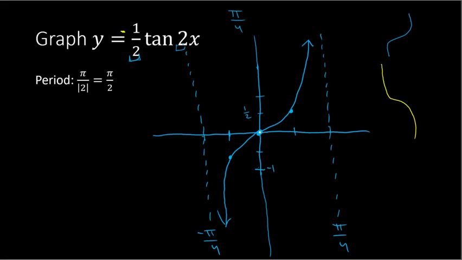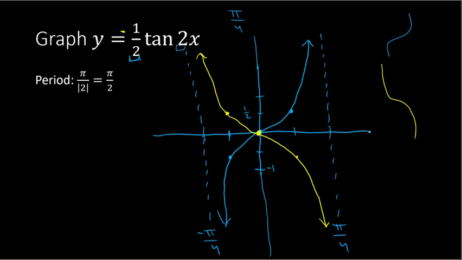So it's still going to go through the point 0, 0, but instead it's going to have a point here, and then it's going to have a point down here, and it's going to approach the negative asymptote like this, and then it's going to go down like this and approach the positive asymptote right here, sorry, not intercept. It's going to approach the asymptote right here. So the negative just flips it around like that.